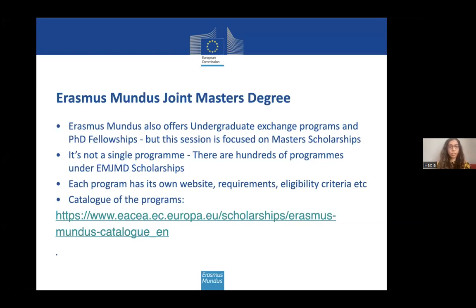It's a collection of hundreds of programs, and each program has its own requirements, eligibility criteria, deadline, and timeline. So every program is quite unique. The only thing which is common is that they all come under the Erasmus Mundus Joint Master's Degree, and their funding is all from the EU. So you get an equal amount of scholarship, and they're all joint degrees, which means that they are not from one single university.